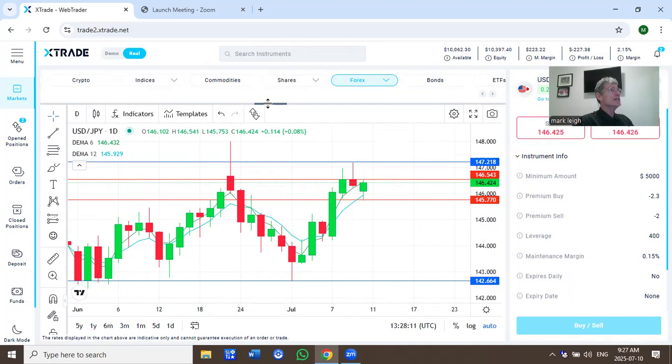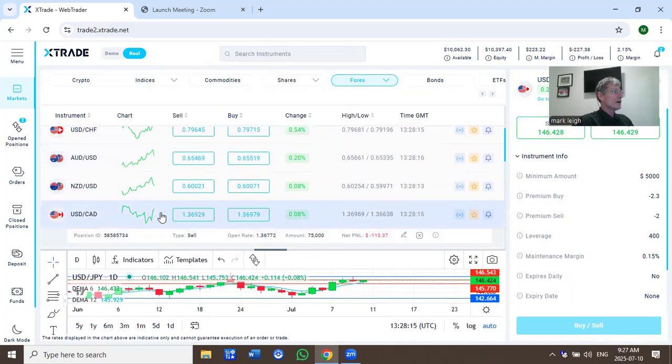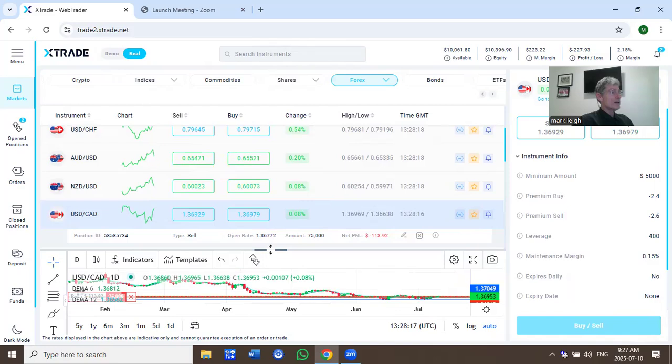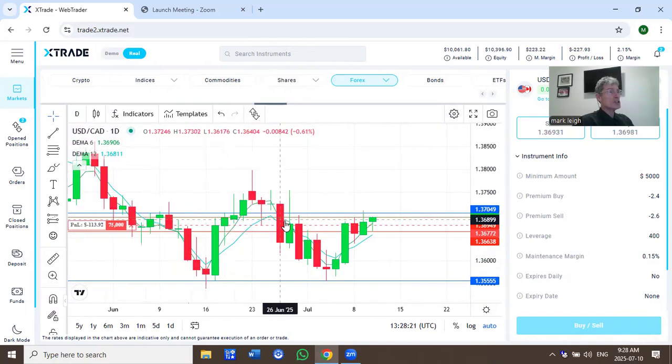US dollar Canadian. US dollar strength to start, the same as you've seen with the other majors, and certainly here testing resistance at 1.3695, looking up at $1.37, and this resistance level 1.3706. Buying US dollar, selling Canadian, support at 1.3677.